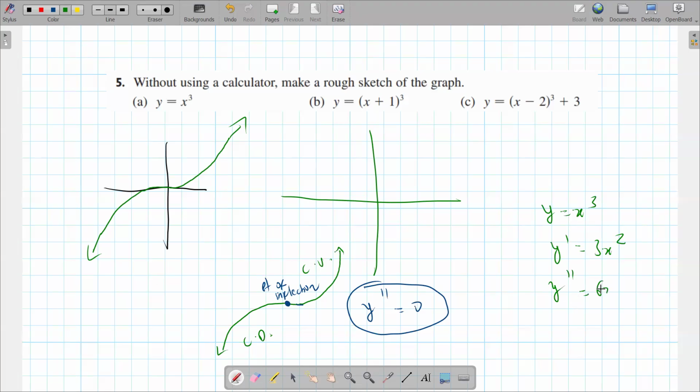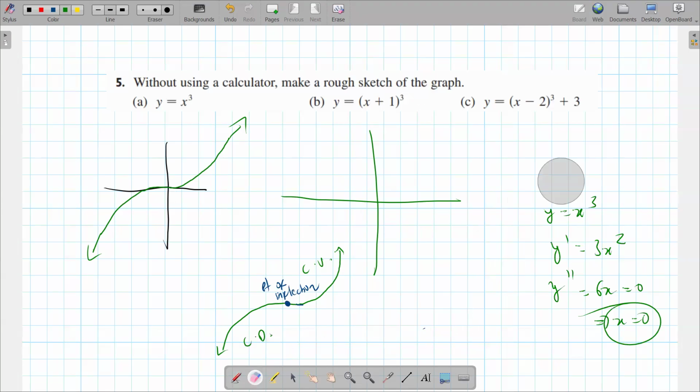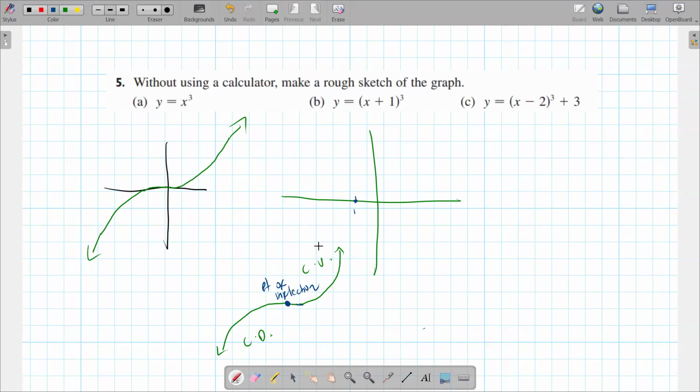Now you set this equal to 0, and you'll see that x is 0. That's why there was a point of inflection at the origin. But this x plus 1 moves it 1 unit to the left. So now your point of inflection would be there, and your curve is going to look like this.